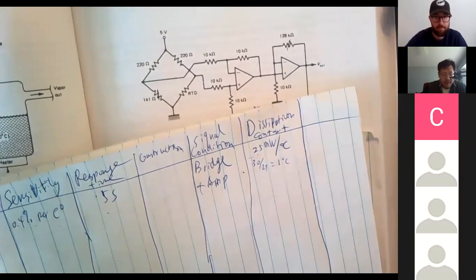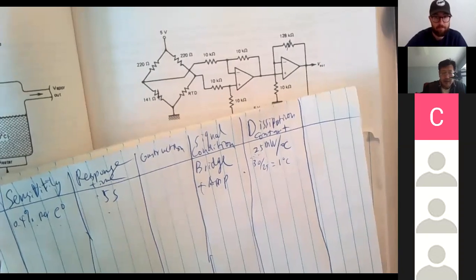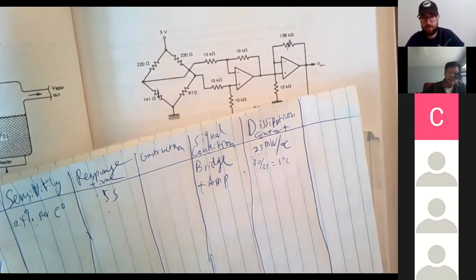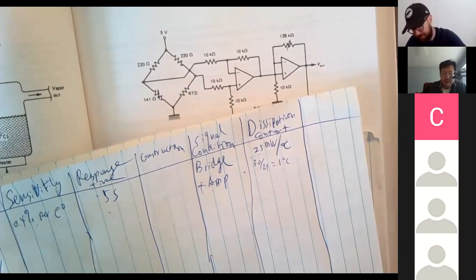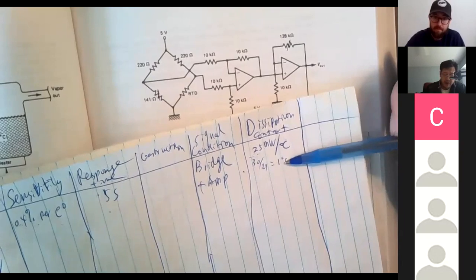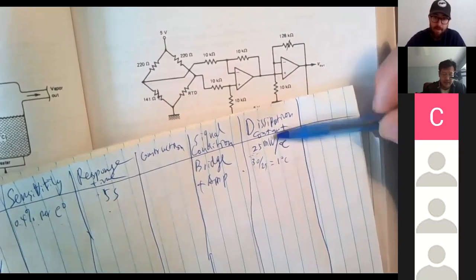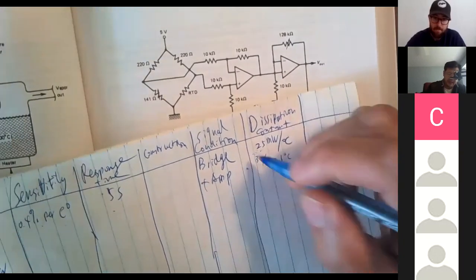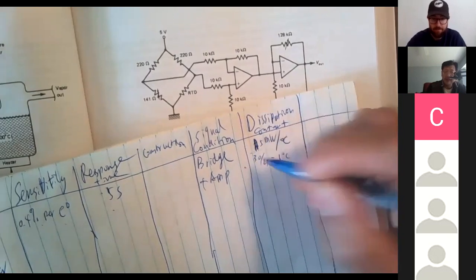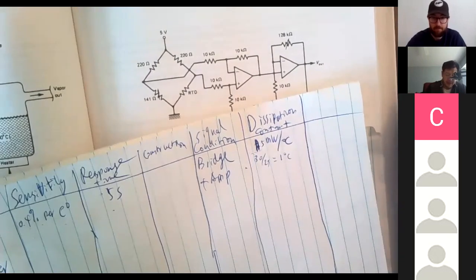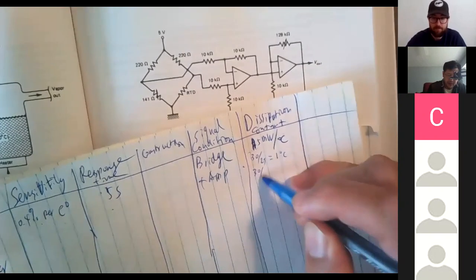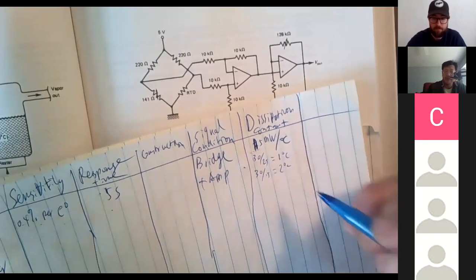So if your room temperature is 72 Fahrenheit, that will be 20 degrees Celsius. So if your temperature is 20 degrees Celsius, and your sensor is actually measuring 21 degrees Celsius, that's 20 plus 1. So that's the dissipation constant. Say another sensor's dissipation constant is 15 milliwatts per degree, the second sensor will be 2 degrees above.